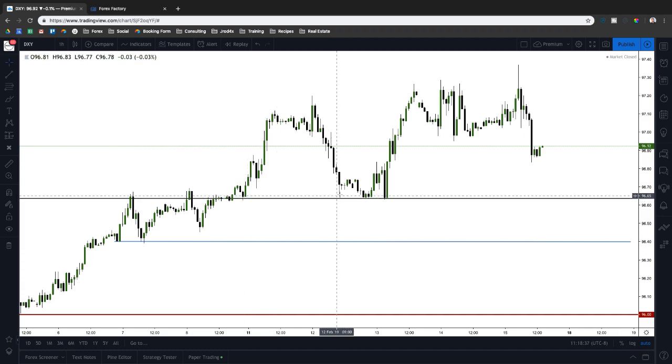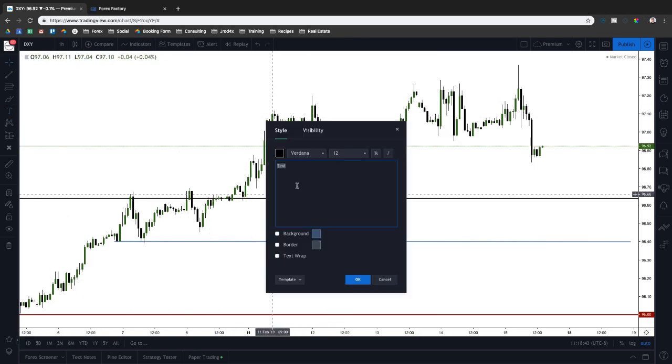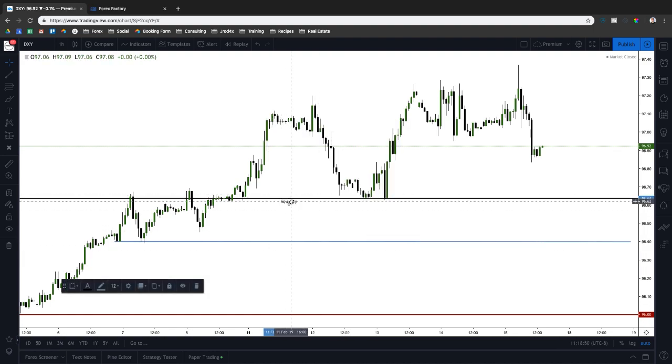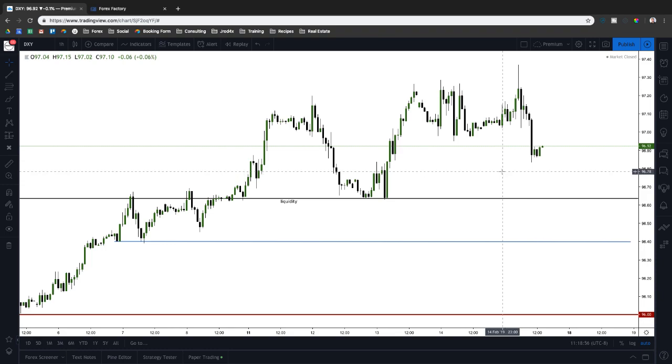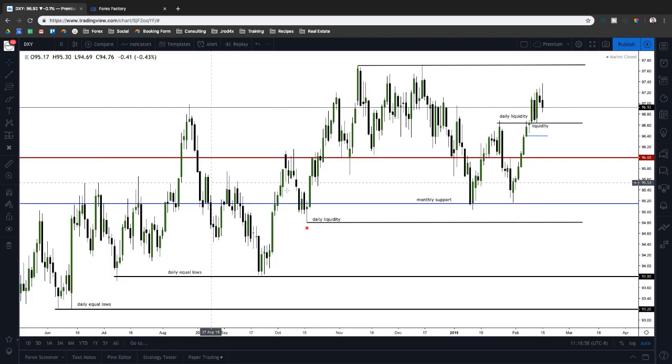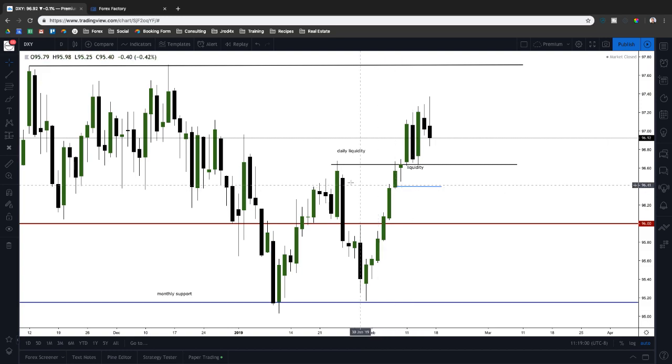So we got a low here, another low here. So basically there's going to be a lot of liquidity resting below there, and we already know that our daily level is right around this area as well, which was the high of this candle.